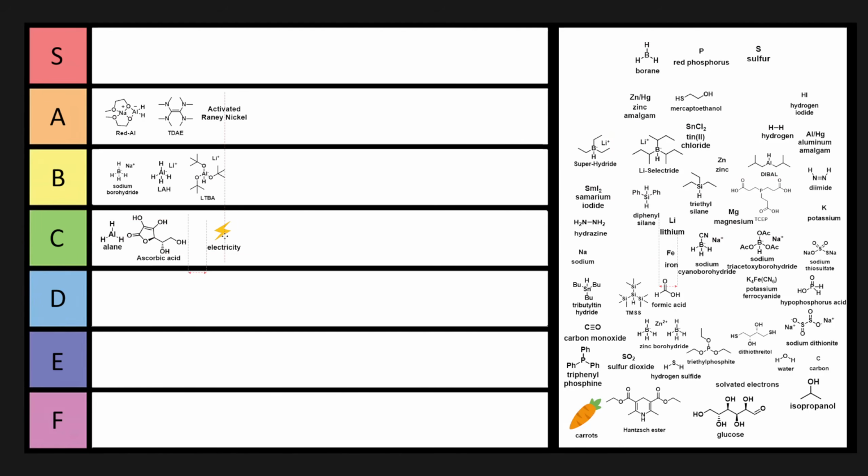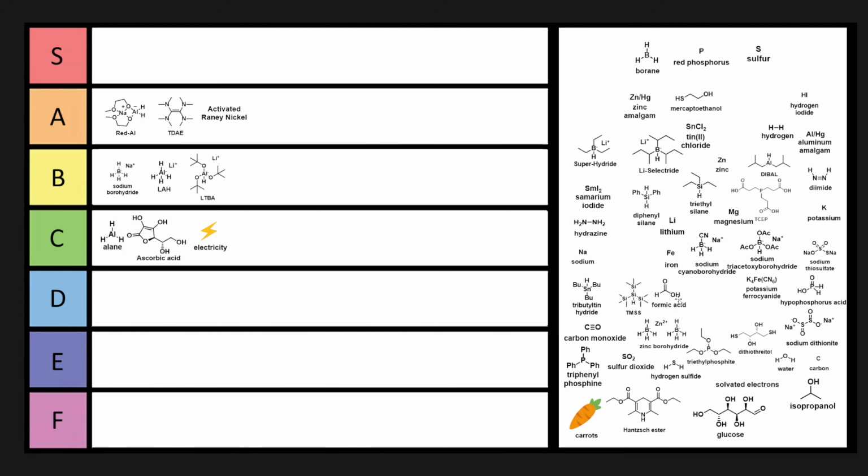Electrochemistry is pretty cool, but it hasn't seen as much utility in terms of broad, wide-scale acceptance in organic chemistry. However, it is pretty convenient. We all have electricity. Now, the disadvantage is reproducibility, which the ElectraSyn hopefully will address. However, people in the Discord have challenged that as well. So because electrical setups have current, we'll put it in C tier.